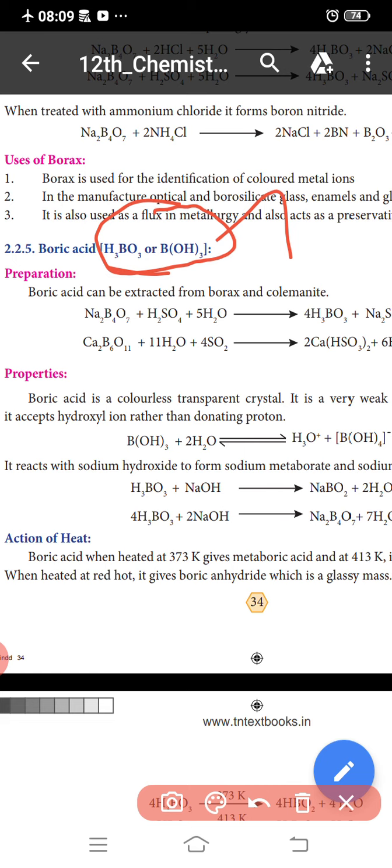The preparation of boric acid. Boric acid can be extracted from borax and colemanite. Borax reacts with sulfuric acid and water to give boric acid.